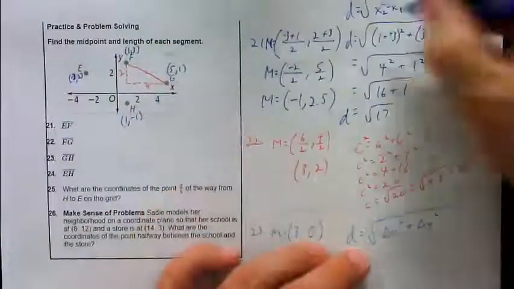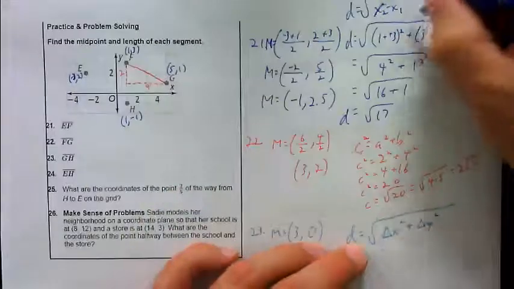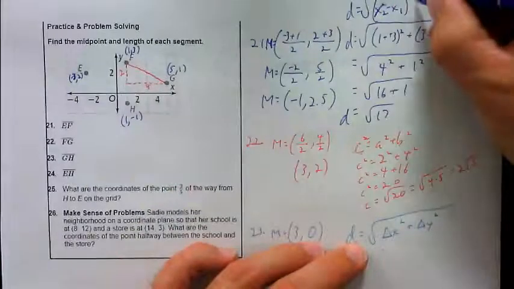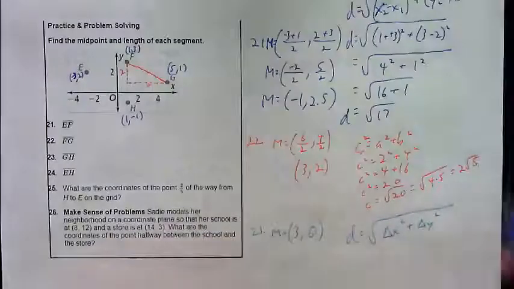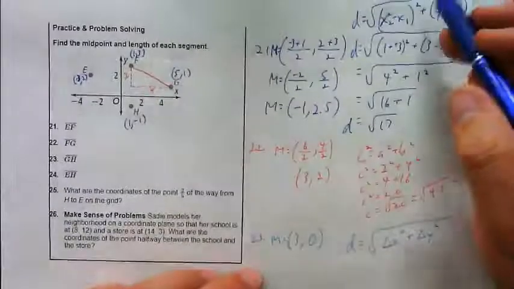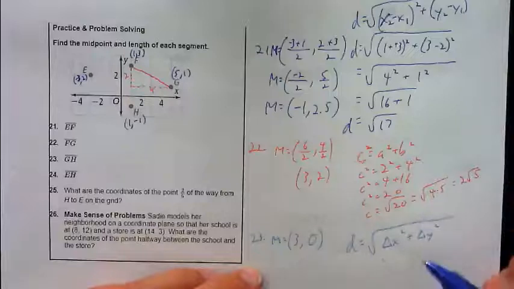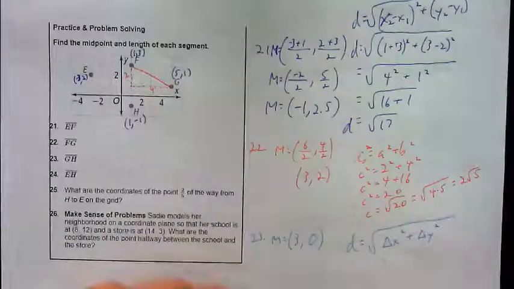Not squared. x2 minus x1 squared plus y2 minus y1 squared. Alright, again, whether you do that, whether you do Pythagorean theorem, or some combination in between, this also works.